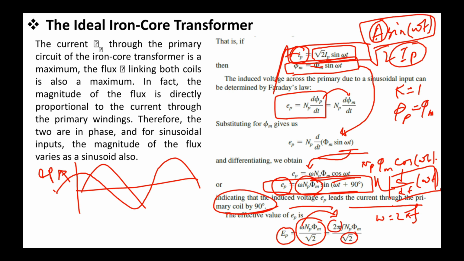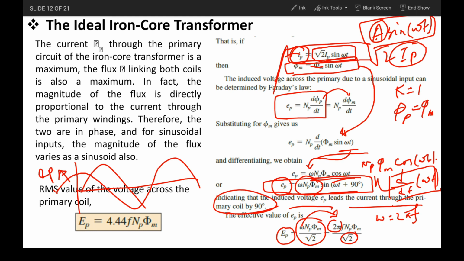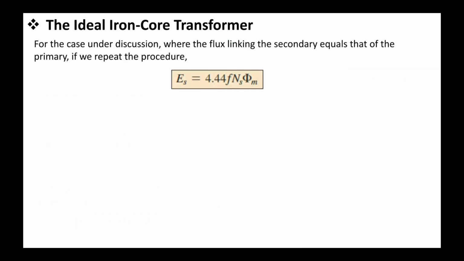If I divide it in a calculator, it will return 4.44. So 2 pi over root 2 is 4.44, and all other terms like f, N_p, phi_m are written here. This is an important equation which gives the RMS value of the voltage across the primary, which is 4.44 f N_p phi_m.